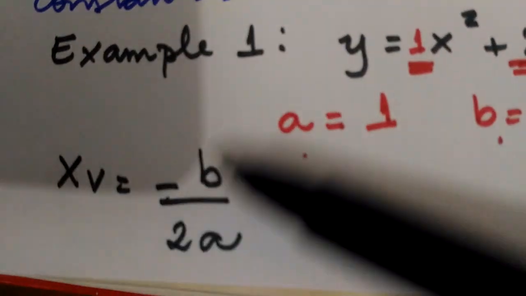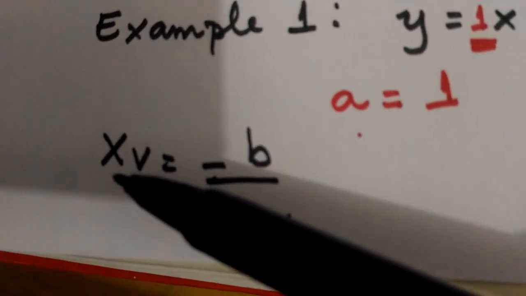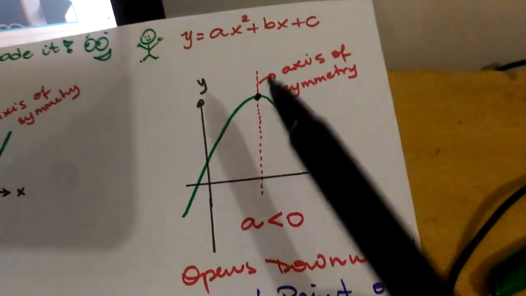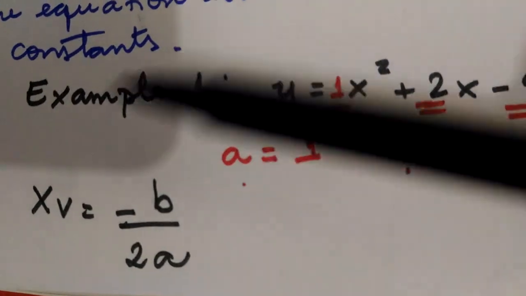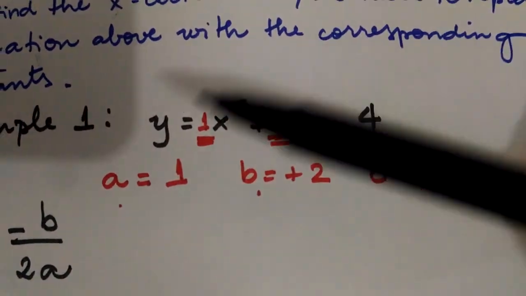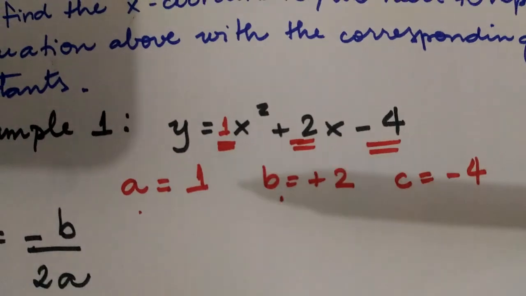I have this equation for the x vertex, so the x coordinate for the vertex, which is the point of minimum or maximum. This formula is always going to be the same. I have one sample function here that I have chosen.